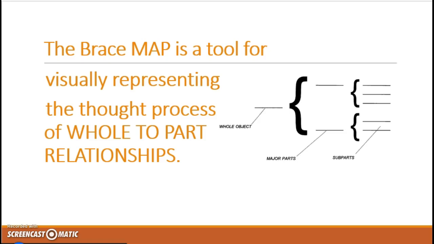You will have an opportunity to use the Brace map to take an idea and pull its component parts, major parts, out of that and showcase it, or visually represent it, using this brace map. You'll find more information about that as you move through the assignments in this module of your learning environment.